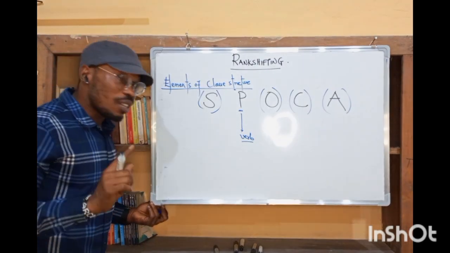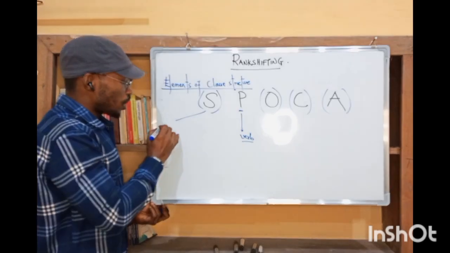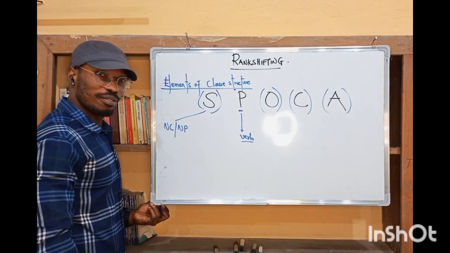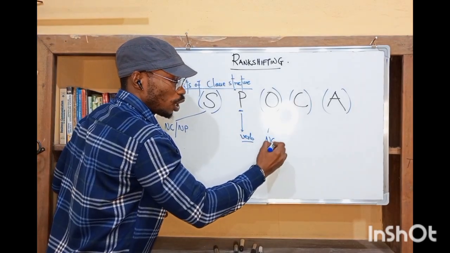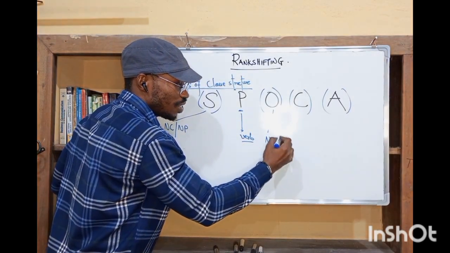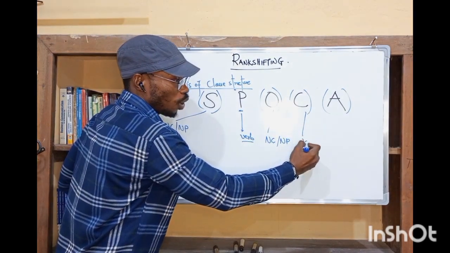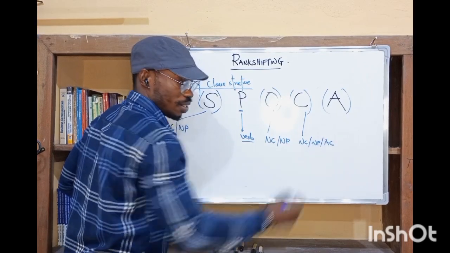Therefore, it is ideal to note that when we have a subject, our subject is mostly the noun clause or the noun phrase. Our object is mostly the noun clause or the noun phrase. Our complement could be a noun clause, a noun phrase, or an adjectival clause.